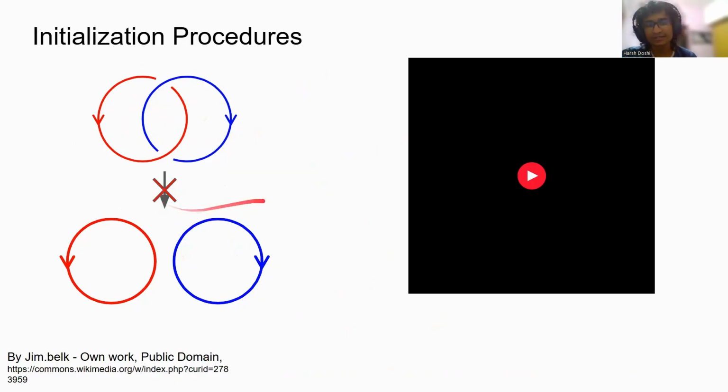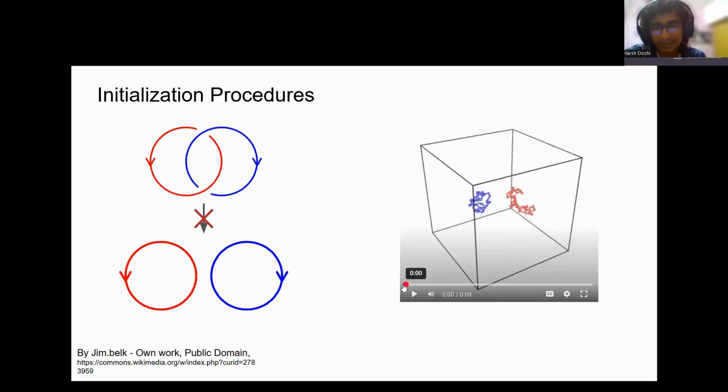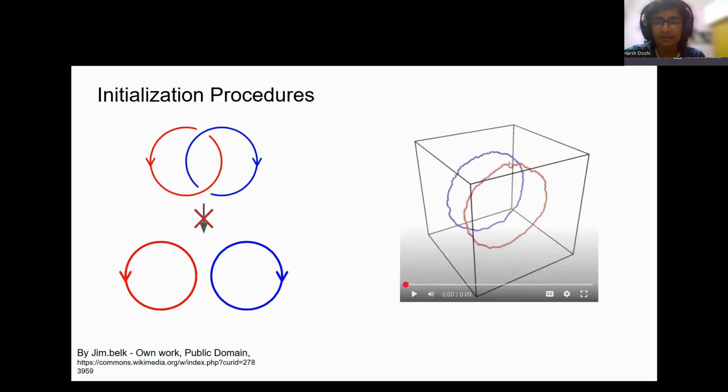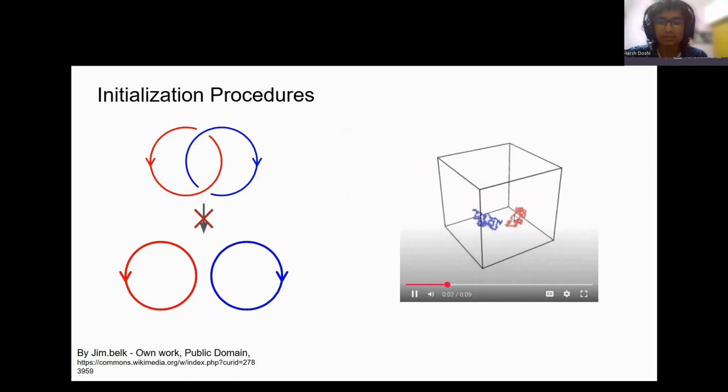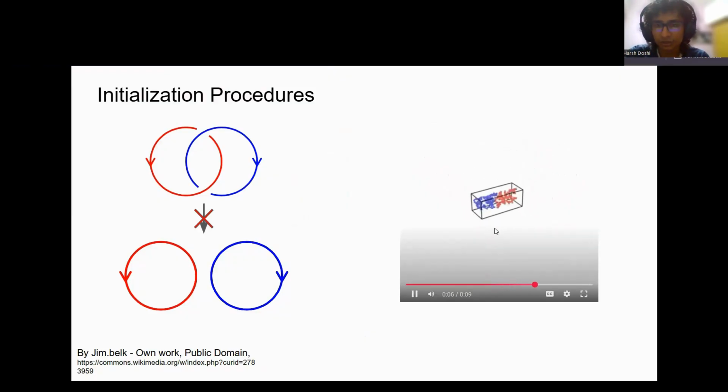So in order to avoid these concatenations, we start with the polymers in a big cylinder such that they're in this open conformation where we can explicitly say that the polymers are non-concatenated. Then we gradually shrink the cylinder such that the polymers remain non-concatenated till the desired confinement is reached.